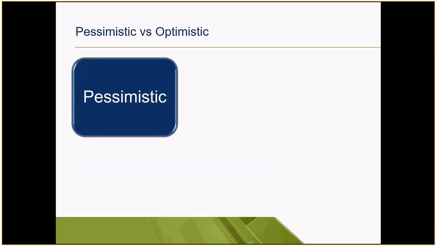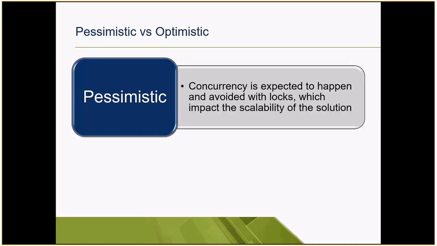So, pessimistic versus optimistic concurrence. What's the difference? On pessimistic concurrence, we are expecting the concurrence. We expect the concurrence to happen, and we avoid it using locks.